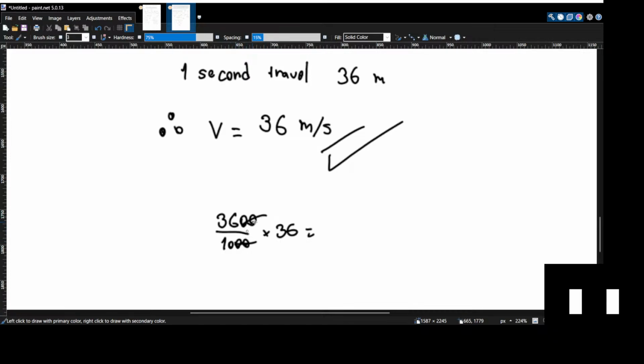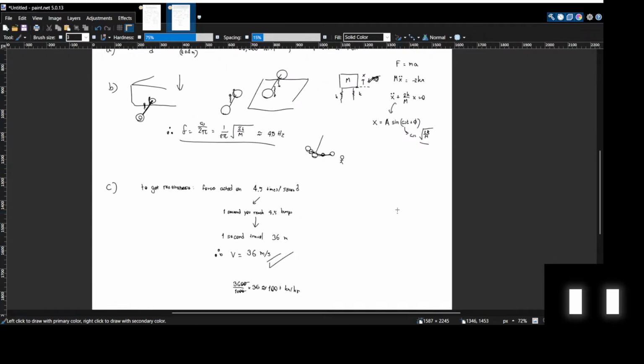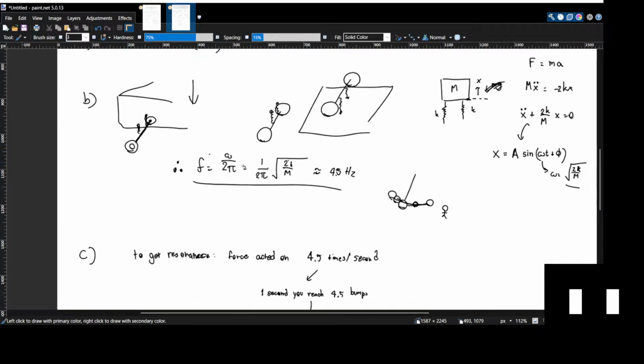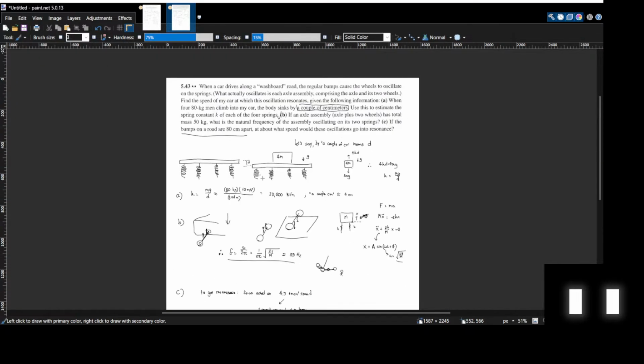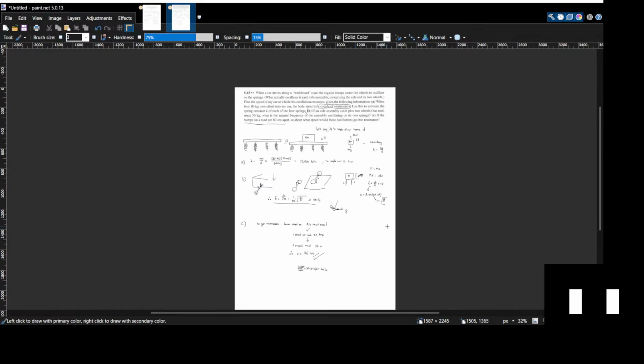So that's going to be around 100 plus kilometers per hour, which is kind of fast. But it's for the extra thrill, I guess, so that your car would shake more. If that makes sense. Alright, so that's it.